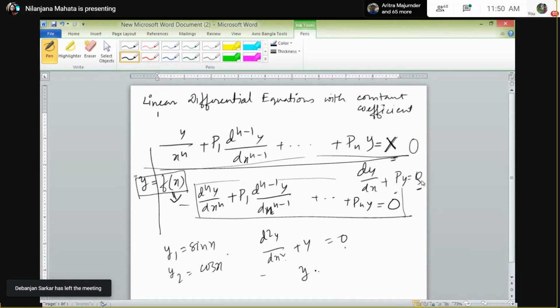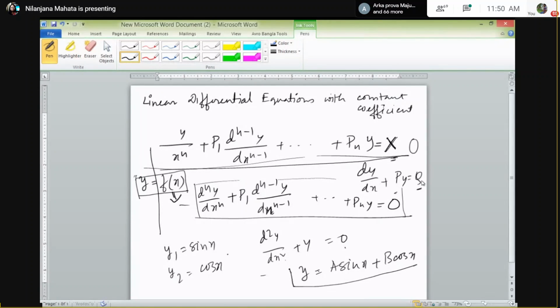So our general solution was, right? This is a homogeneous equation.